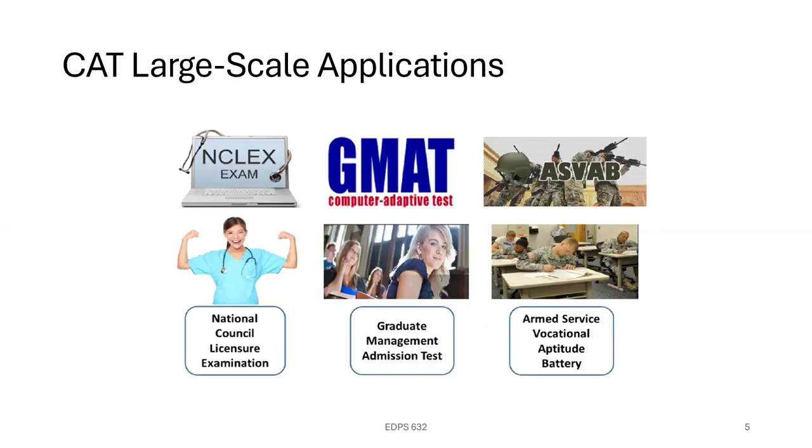We have all kinds of National Council licensure exams, like nurse licenses, teacher's licenses, and all kinds of professional licensure exams. And we also have the military enlistment exam called the Armed Services Vocational Aptitude Battery, ASVAB. These tests are large-scale applications of computerized adaptive testing.